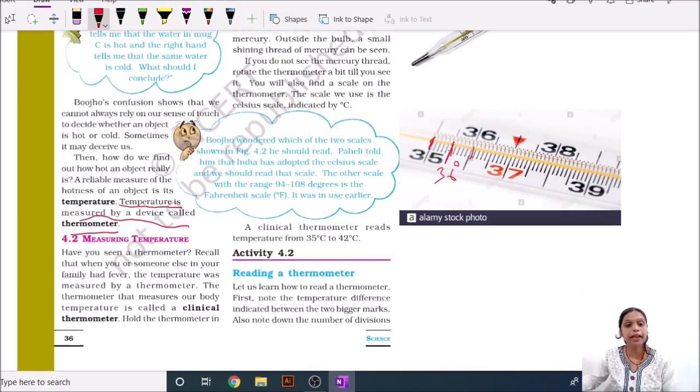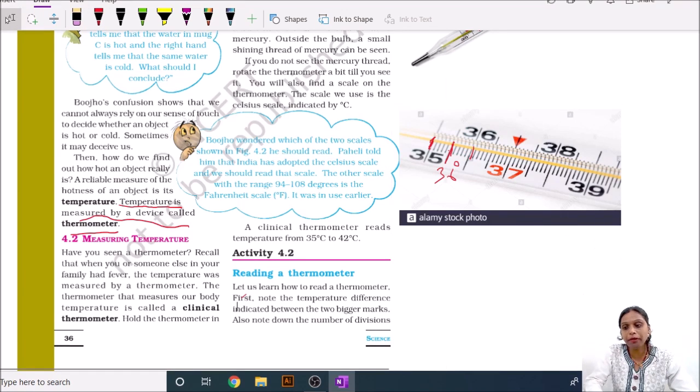You can see here an example of some types of thermometer. This is the thermometer, and it is an example of a clinical thermometer.